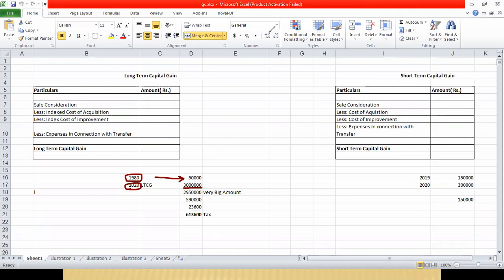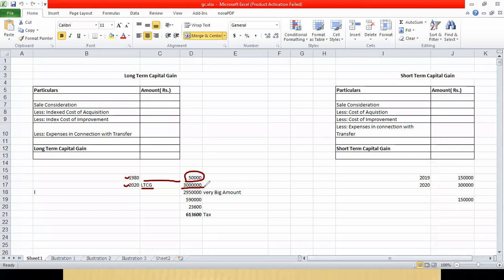Obviously, 1980 to 2020 is more than 24 months, so this will be long term. Purchase in 1980 for 50,000 and sale in 2020 for 30 lakhs.